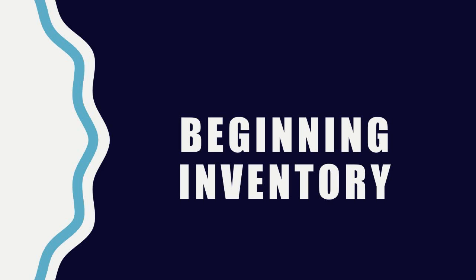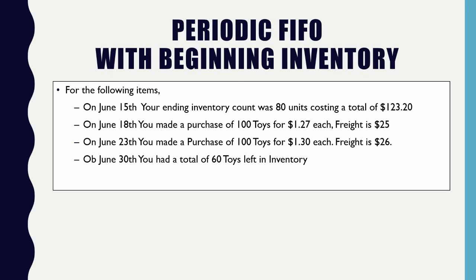Okay? Now, if I continue on with my inventory, I have a beginning inventory. In this case, on June 15th, we had an ending inventory of 80 items, which cost you $123.20.